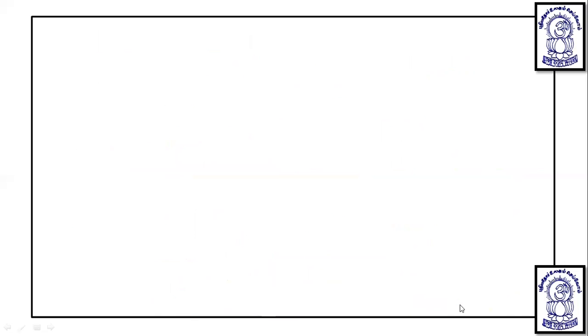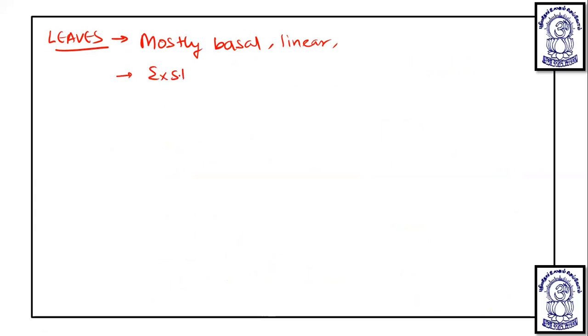Now, after this, if we talk about the leaf characteristic, then in leaves you will see mostly basal leaves are observed. Then they have a linear leaf. They have exstipulate leaves.